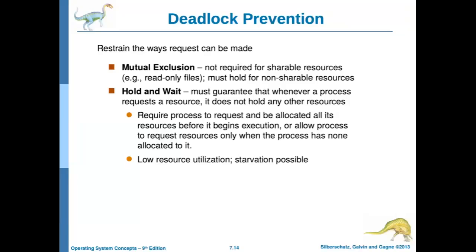Right? Now, with deadlock prevention, the operating system will try to break one of these four conditions, because if all four conditions are there, then and only then will the deadlock occur. So wherever possible, the operating system will try to break this. For example, the very first condition we discussed was mutual exclusion.